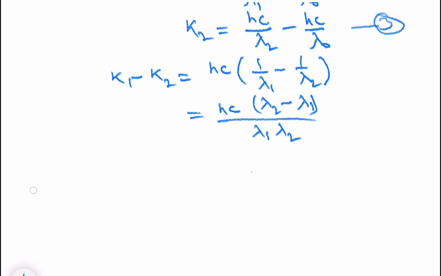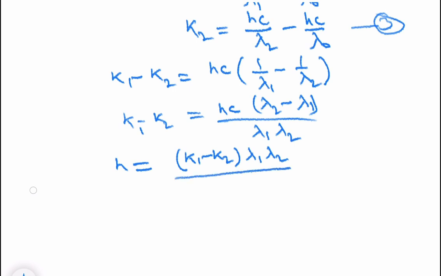Therefore, h is equal to K1 minus K2 times lambda 1 lambda 2 divided by c into lambda 2 minus lambda 1. This is equation number 4.